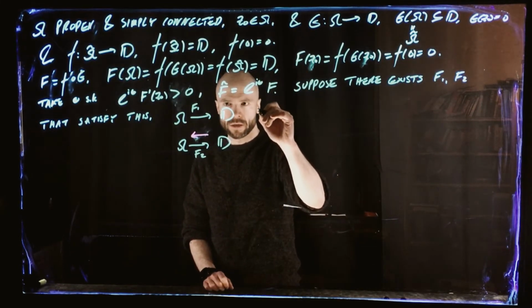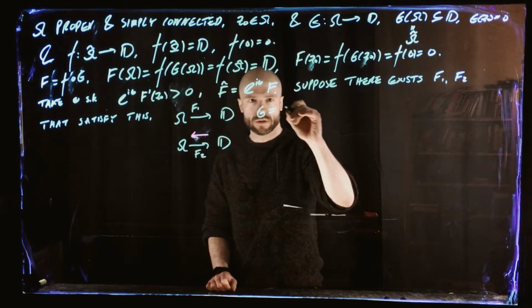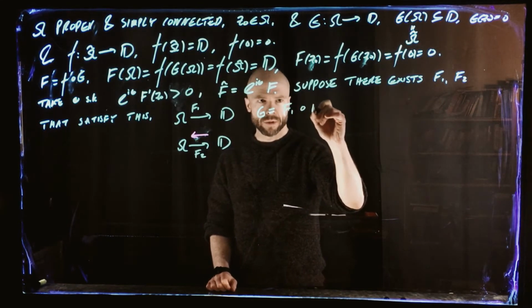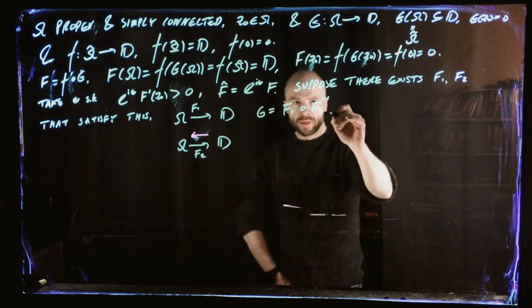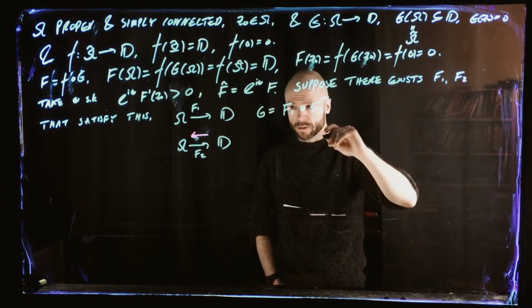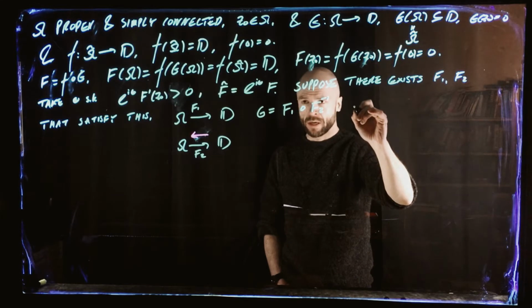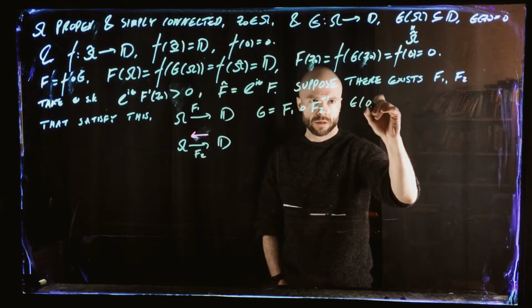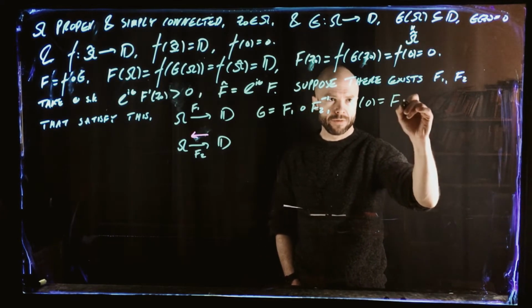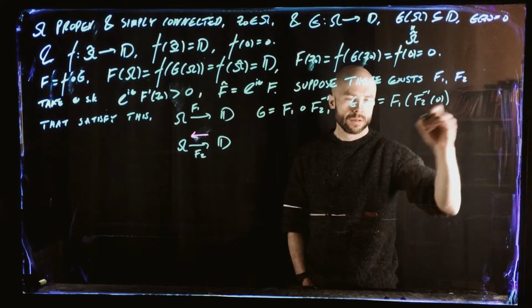So let's take g equal to f1 composed with f2 to the minus 1. Let's see what this mapping does. It's obviously a diffeomorphism of the unit disk. What else does it do? We know that g of 0 equals f1 of f2 to the minus 1 of 0.